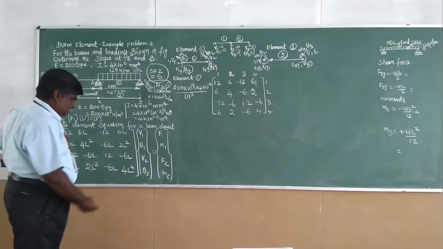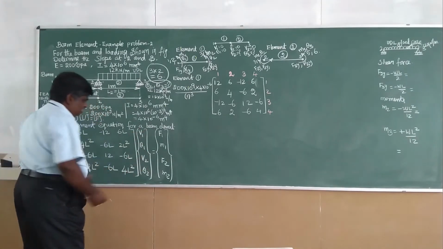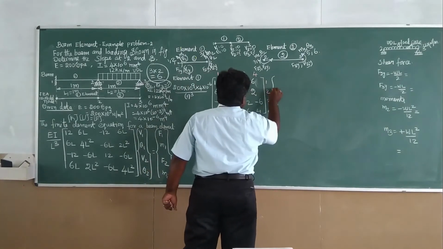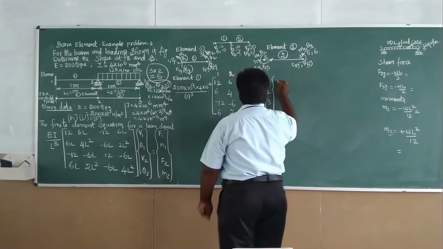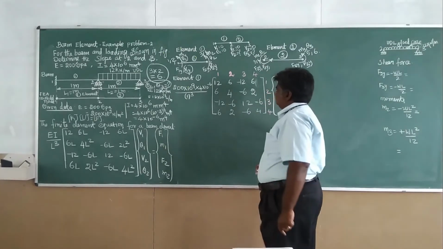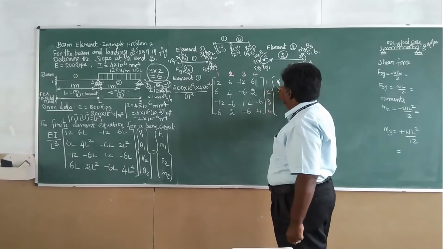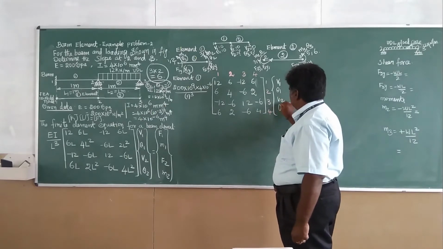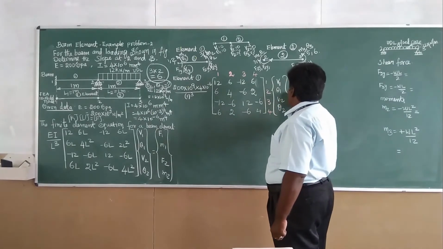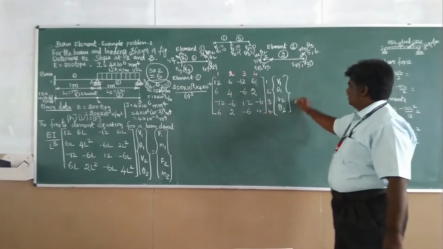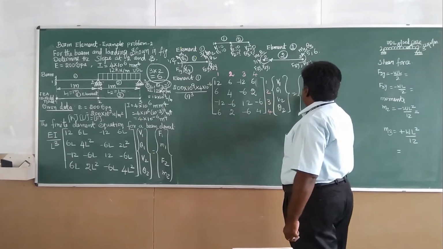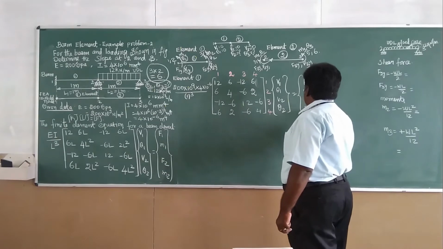Then write down the displacement vector: deflection at nodal point 1, slope at nodal point 1, v2, theta 2. Then the forces: F1, M1, F2, M2.